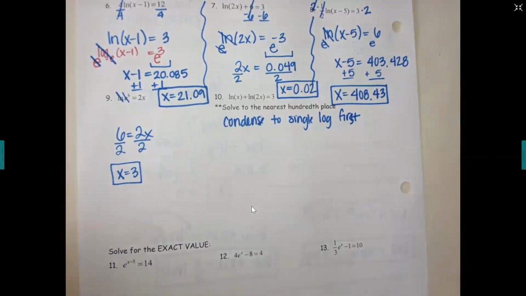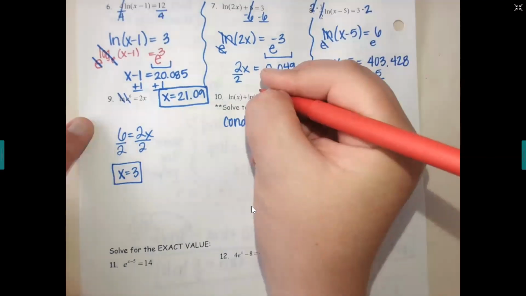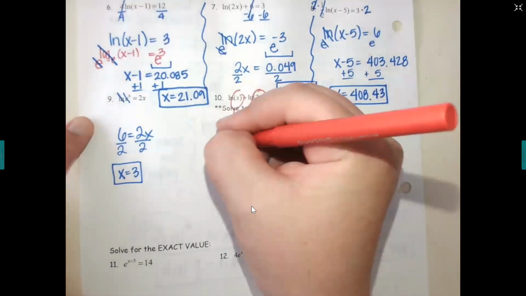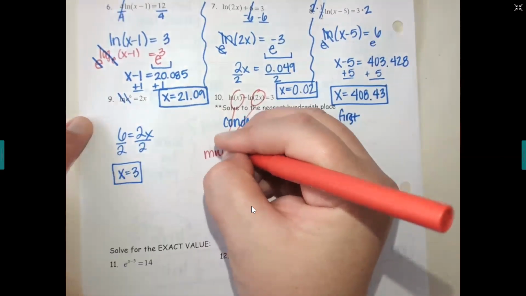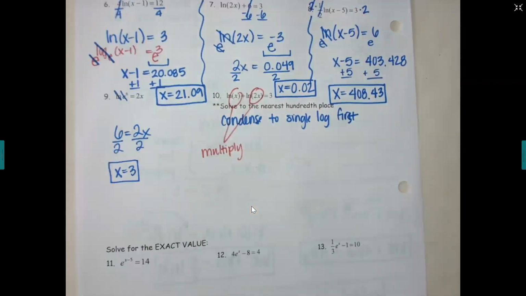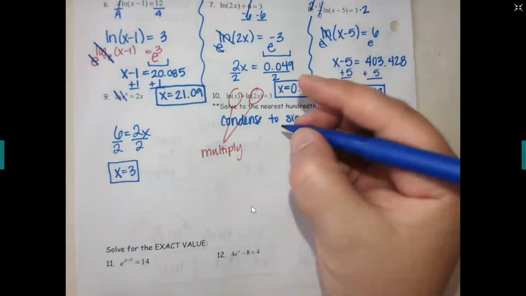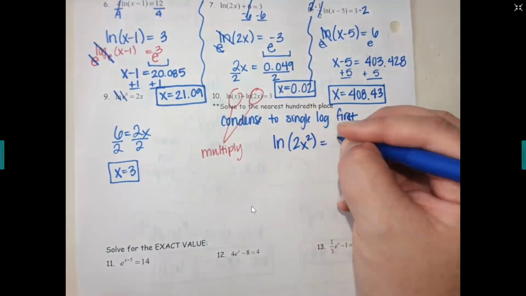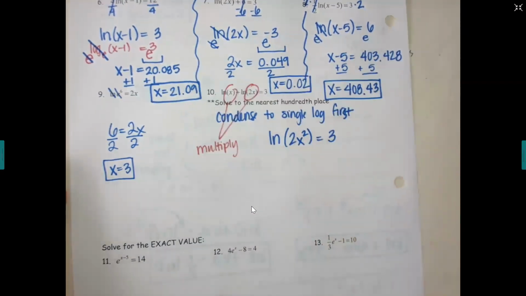Multiply. What am I multiplying? The 2x and the x. Okay, so in order to combine those into one log, I have to multiply that together. What is x times 2x? 2x squared. So it's ln 2x squared equals 3.